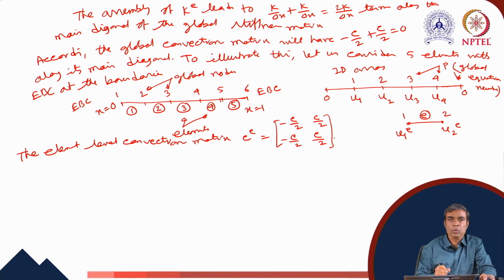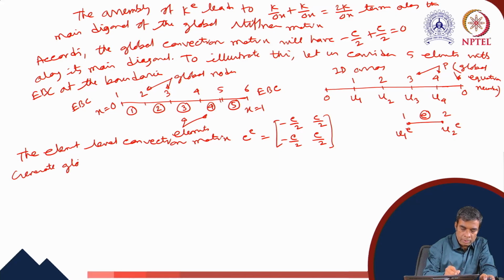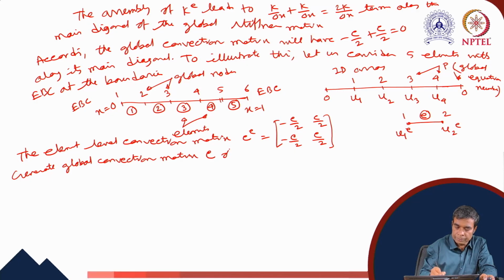So we want to construct the global convection matrix capital C of 4 by 4 size.